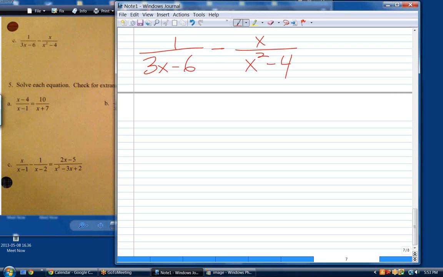Whenever you're doing problems like this, if you can factor, factor. Always. Every time. So what can I factor out of the left term's denominator?